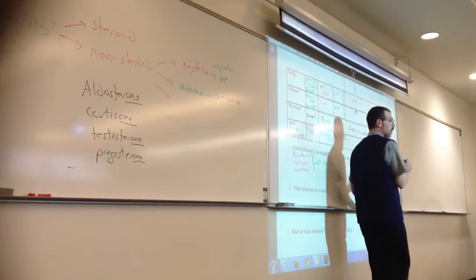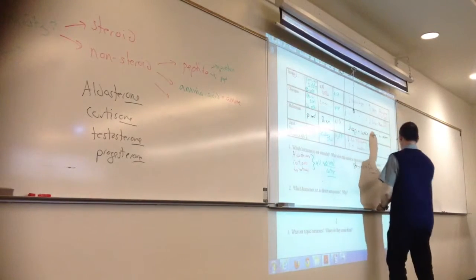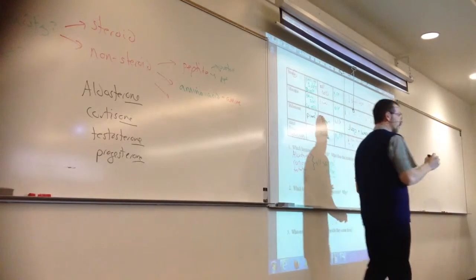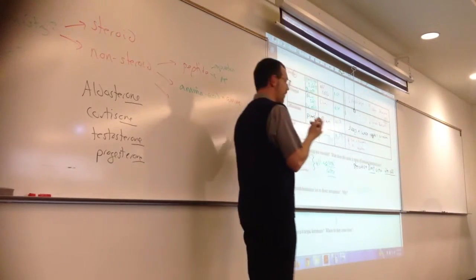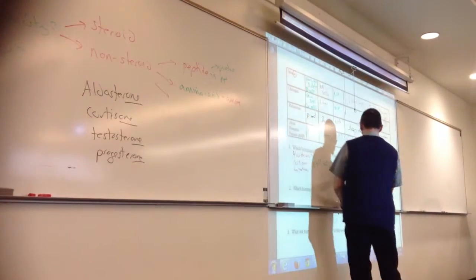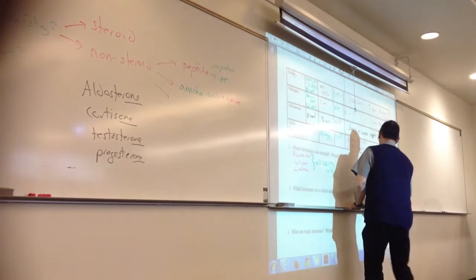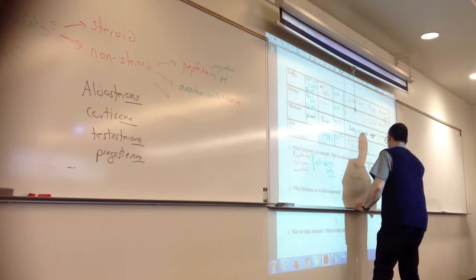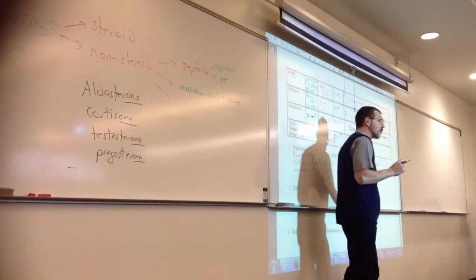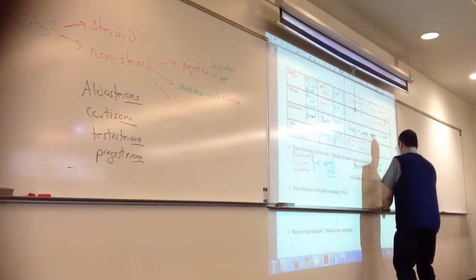And why do we call it direct action? It goes directly into my cell. It goes right into my cell because it's fat-based. So direct action. If I'm a non-steroid, we call it indirect, or sometimes called secondary, because they have to use a receptor to communicate.